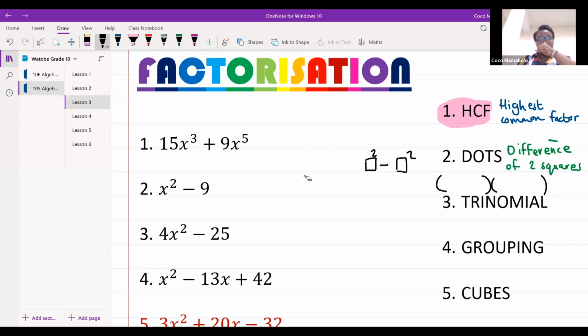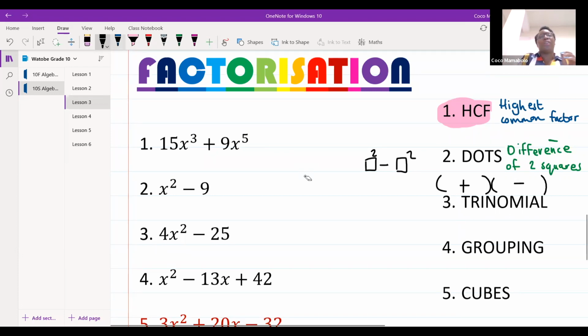One of these brackets will be plus and the other one will be minus. This is for dots. We will always have those 2 things. As soon as I see something squared minus something squared, open 2 brackets, make the one plus and the other one a minus. That's the first thing we do.